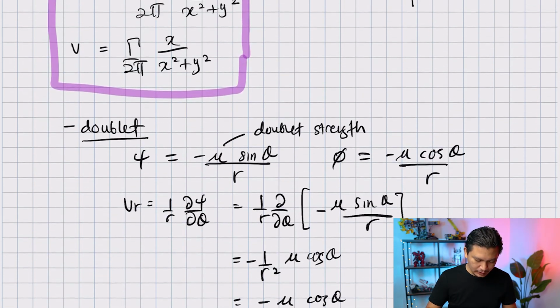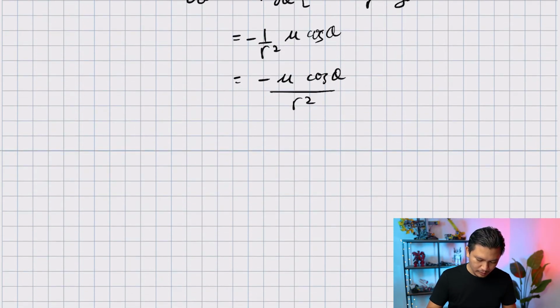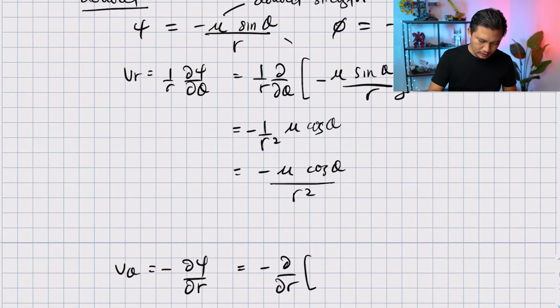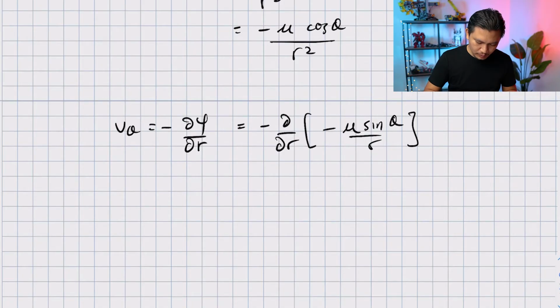And my V theta is equal to minus del psi over del R, and this is equal to minus del over del R of this one. So this is minus mu sine theta over R, which will become equal to minus mu sine theta over R squared.